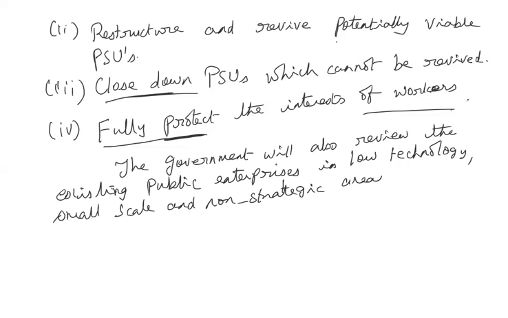So the government still has certain industries which are not very important ones. Important in the sense that it is not necessary for the government to run those kinds of industries, because they are of low technology, small scale, and non-strategic. So these kinds of industries can be handed over to the private sector.